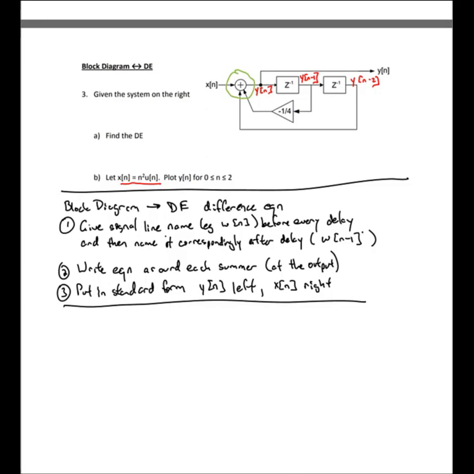A summer is this, something that sums. Oh, okay. So we've only got one summer here, so we're only going to have one equation. Now, if we had a more complicated system that had 16 summers, you'd have 16 different equations. But here it's pretty easy. It's going to be the output, and the output is labeled, has got to be the sum of the inputs.